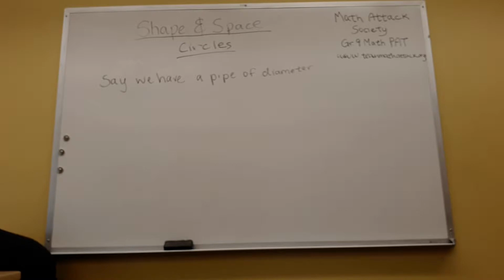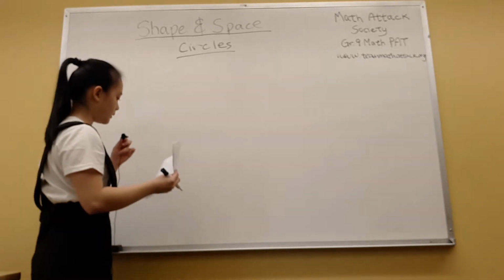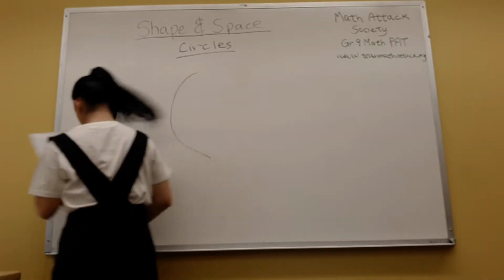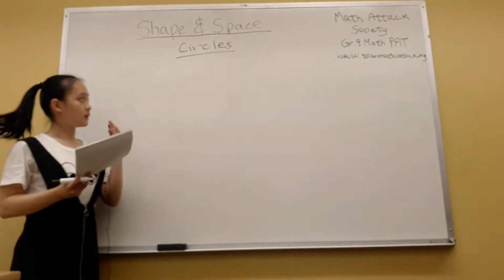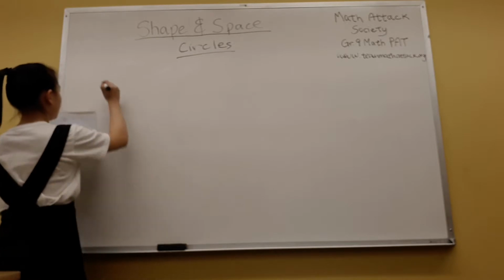Right, the first practice question we're going to be doing is, say we have a pipe. The first idea we're going to talk about with the chord bisector theorem is this problem.